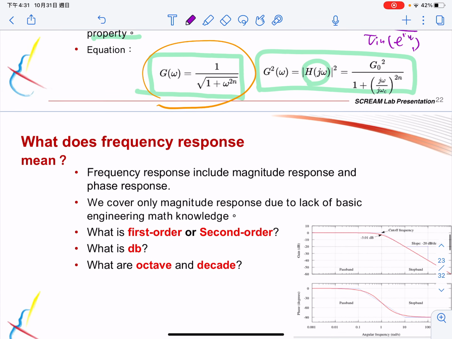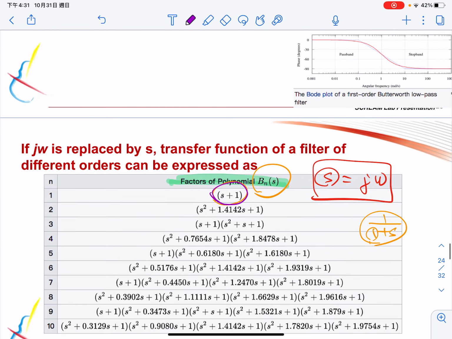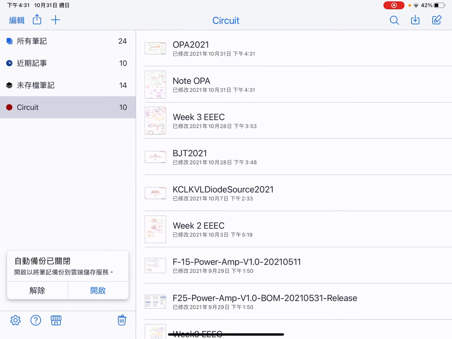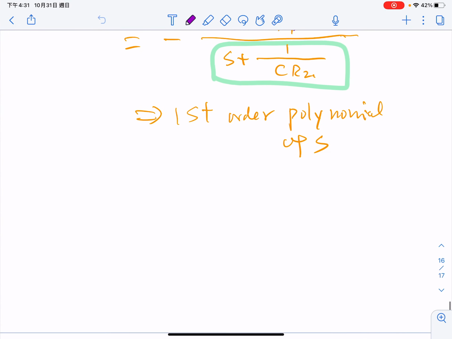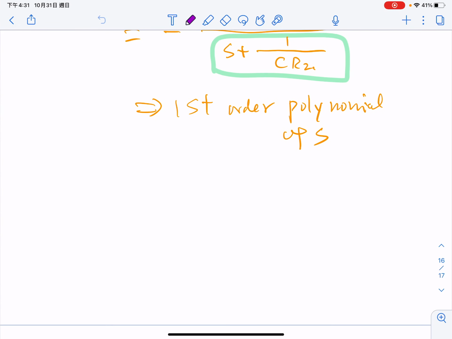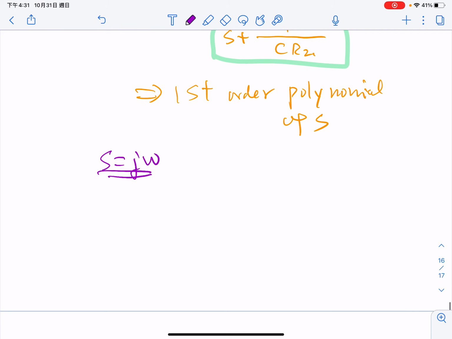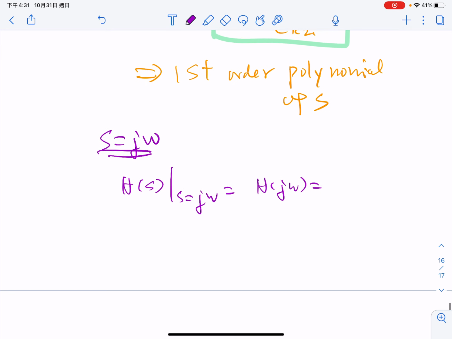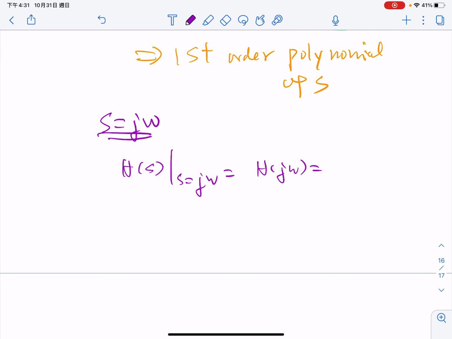All right. So if I substitute s equal to j omega, right? So the H of s, when s equals j omega, will be equal to a constant. Sorry, let me show you here.